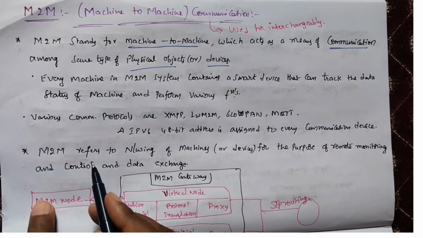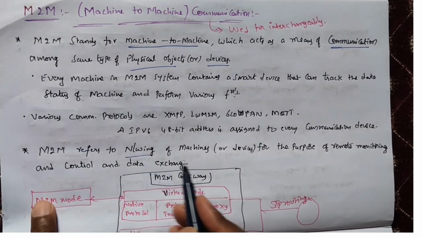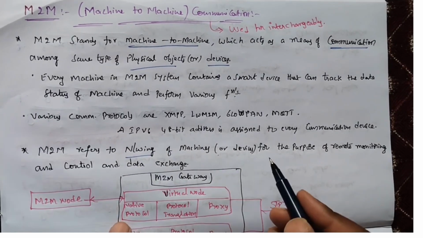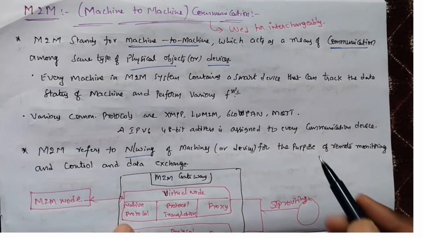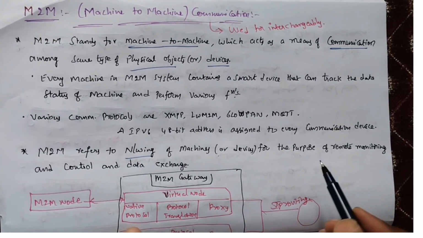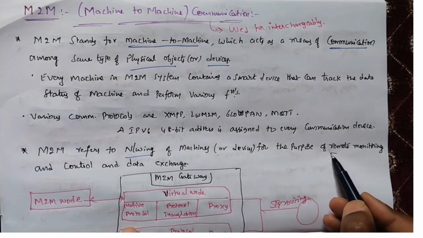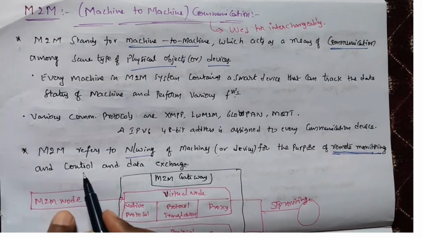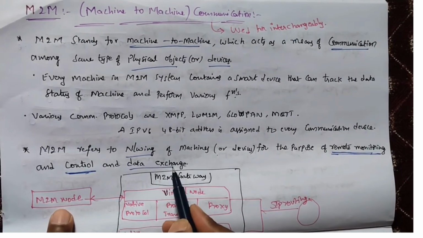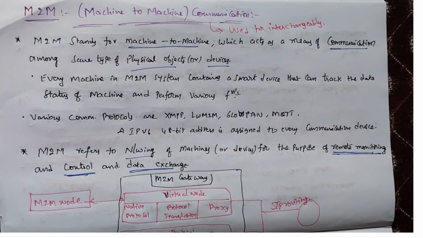M2M refers to networking of machines or devices for the purpose of remote monitoring. The purpose of M2M is remote monitoring as well as control and data exchange. The main thing is that data is exchanged from one device to another device by using M2M.